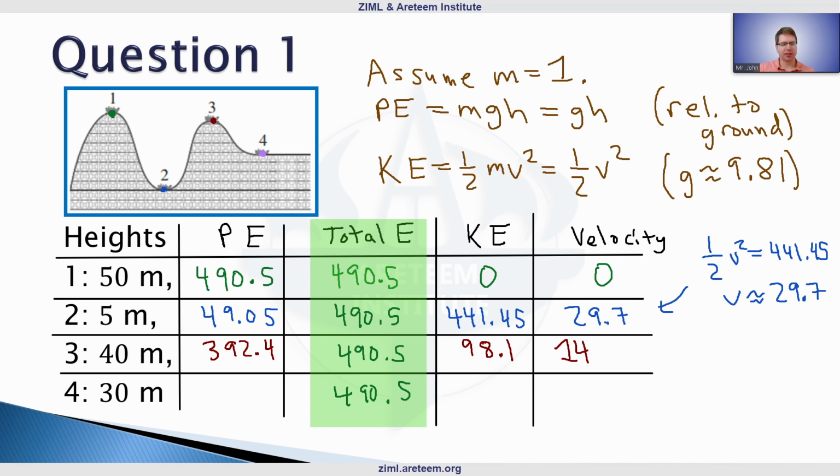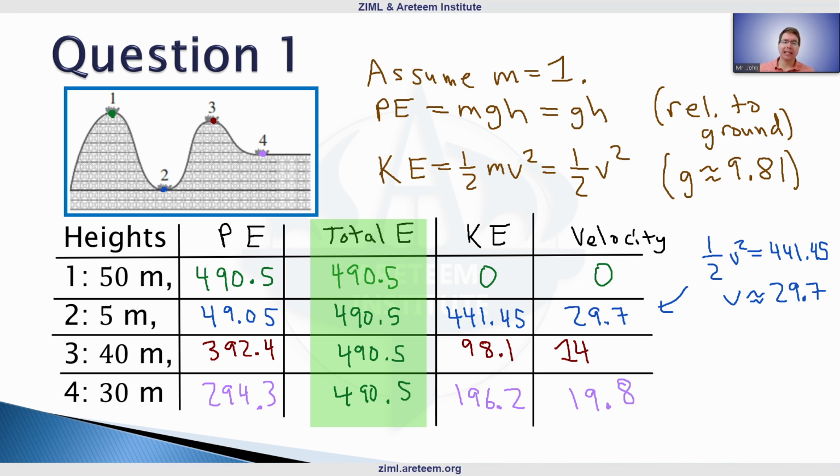So here at this point, we're a little bit lower, 294.3. Our kinetic energy there is going to be, we're at 30 meters here, so we are at 196.2 in that scenario. And that's our change of height of 10 meters, and this velocity is roughly 19.8 there.